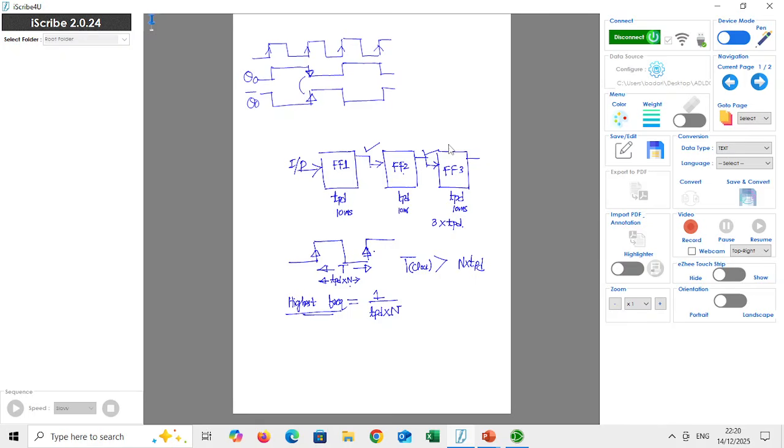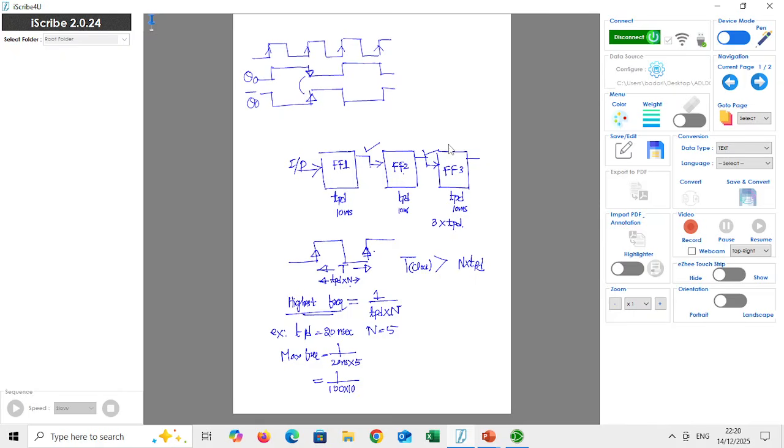Let's take an example. Assume that a counter is designed using 5 flip-flops, so N is equal to 5 in our case. Assume the TPD is equal to 20 nanoseconds. Now the maximum frequency can be calculated using the above formula, 1 divided by 20 nanoseconds into 5. Substituting those values, 20 into 5 is 100.